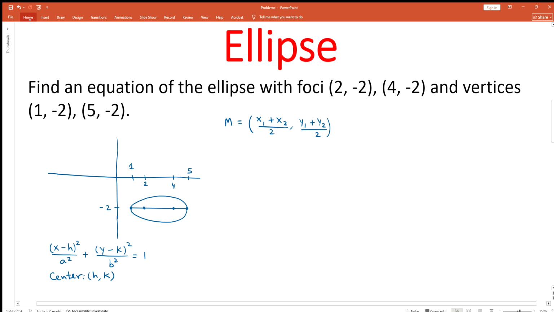I will use the given foci points. We can label one of these two points as x1, y1, the other one as x2, y2, and sub in these values in the midpoint formula.